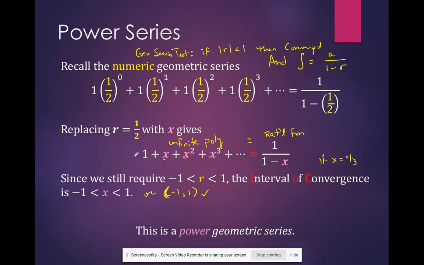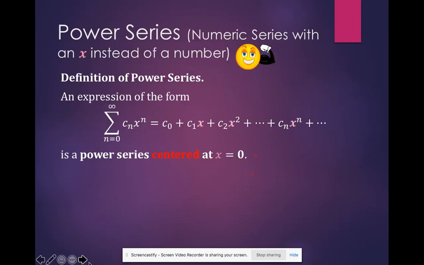We call this a power series. Further, it's a power series that was built from a geometric series. We are going to learn how to build series that are not geometric, but for now we're going to stick with our known geometric series.